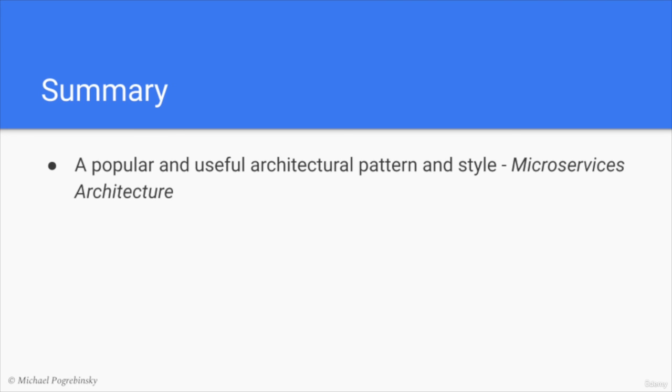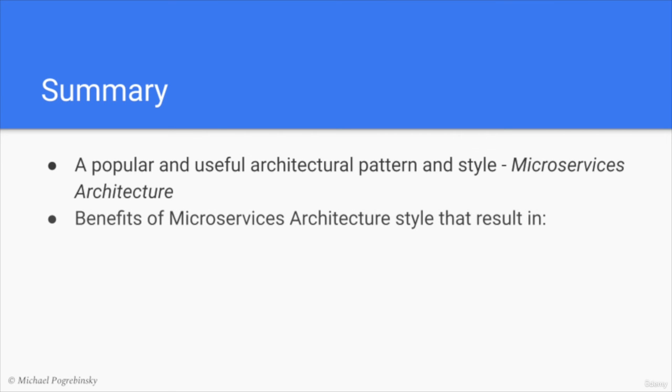In this lecture, we'll learn about a very popular and useful architectural pattern and style, which is called Microservices Architecture. We talked about all the benefits that this architectural style provides us with, especially when we reach a point of complexity and scale that the monolithic three-tier architecture stops being a good fit for us.